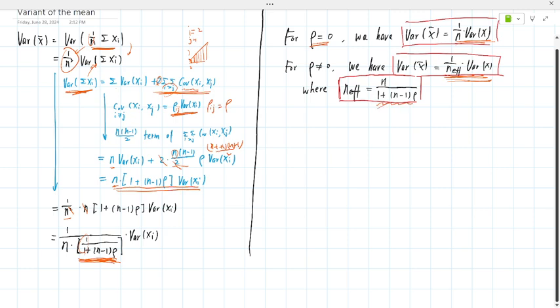So we ended up with this function, with n effective as n over 1 plus n minus 1 rho.